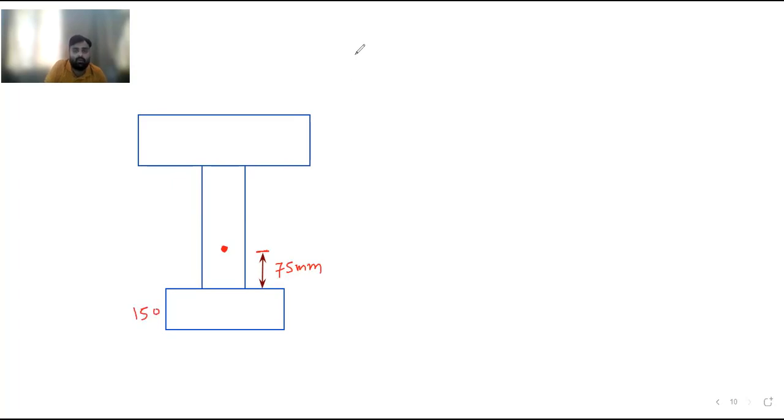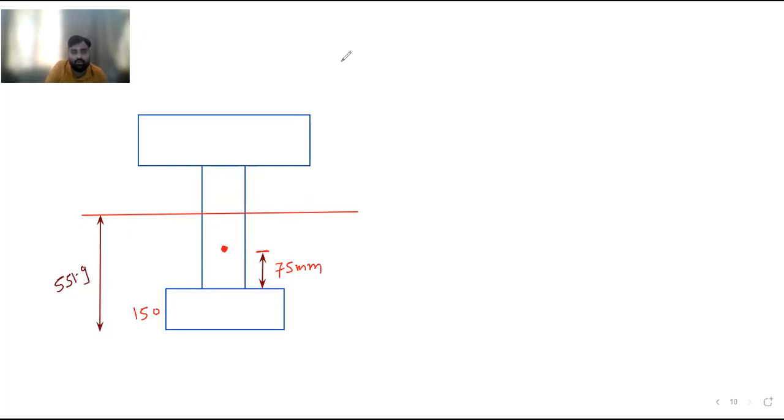Okay, and your axis, if I draw the axis, this will be your axis. And what is this dimension? This total dimension is 551.9. And eccentricity means what?